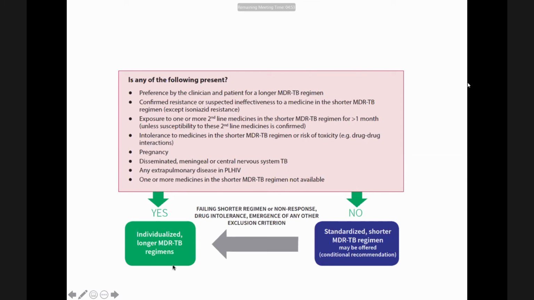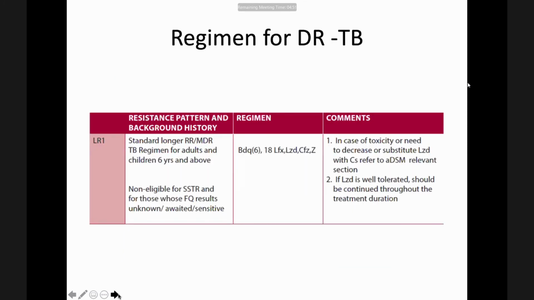So regimens for DR-TB. LR1 means the standard longer RR/MDR-TB regimen for adults and children above 6 years. You are going to use 6 months of bedaquiline, 18 months of levofloxacin, and then clofazimine, pyrazinamide, and linezolid.